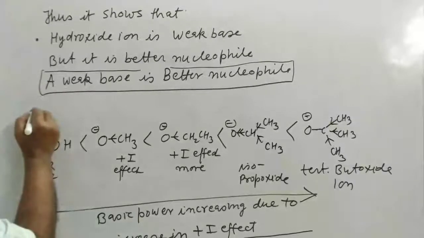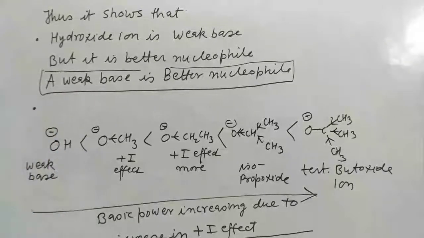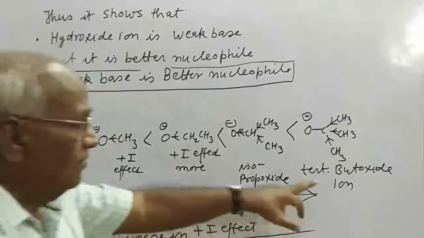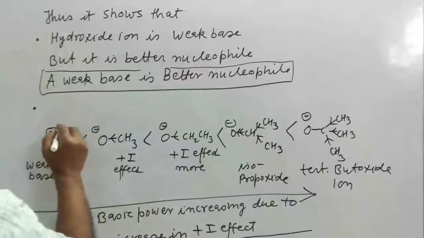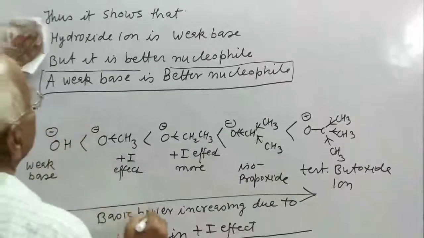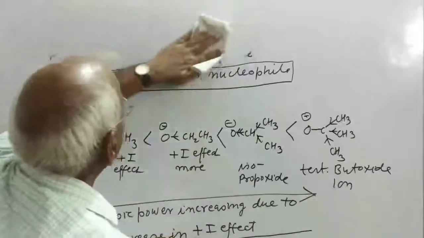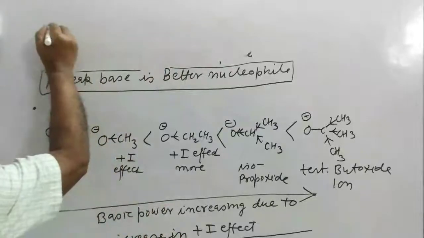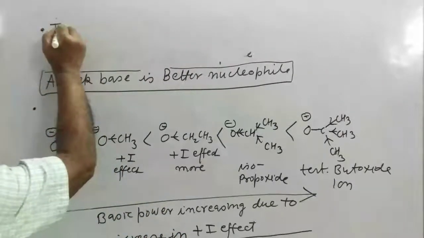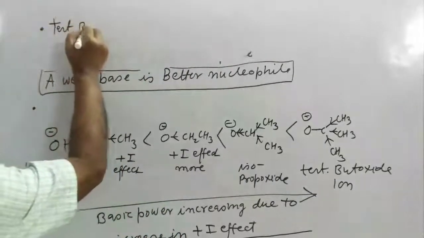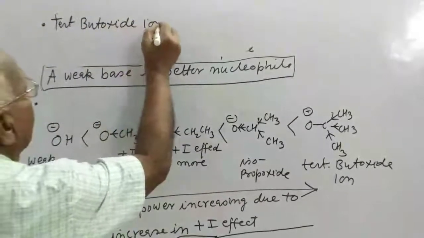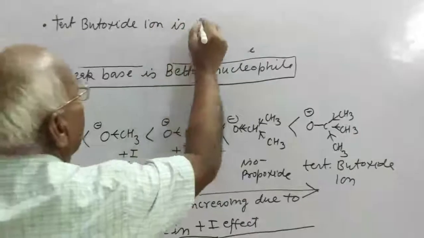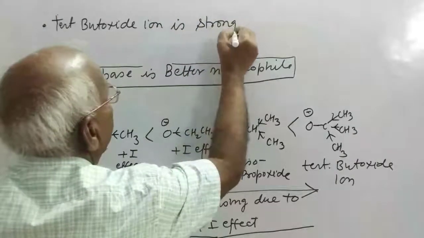Second point tells this tertiary butoxide ion is a stronger base. Tertiary butoxide ion is the strongest base.